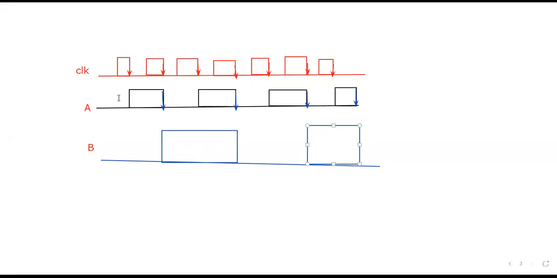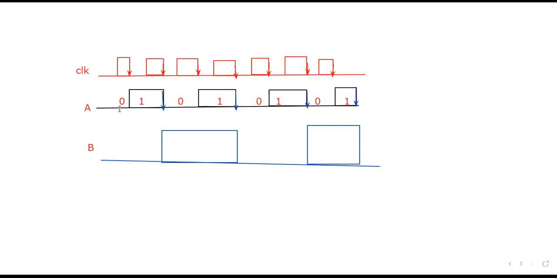Okay, here it is 0, here it is 0, then it is 1, then it is 0, 1, 0, 1, 0, and again it is 1.